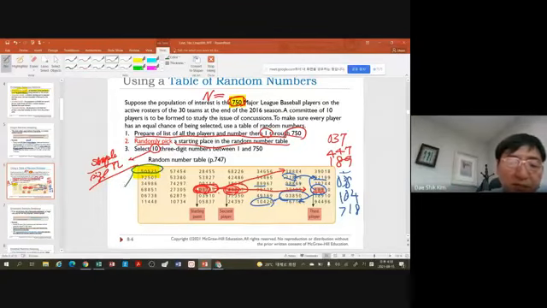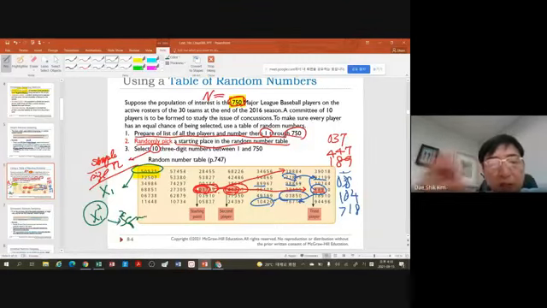If this is x1, the next number is x1 squared, and then square again, and take a square, and only the 5 digits from the left or from the right. It's up to you. You can take a square and then pick out 5 digits. Take a square, another 5 digits, and so on.